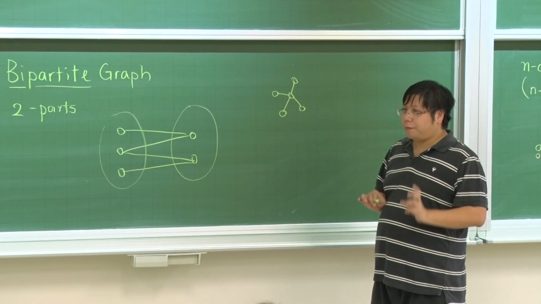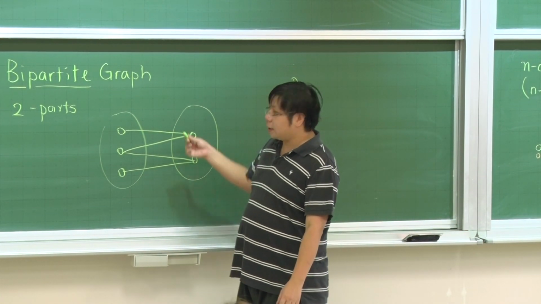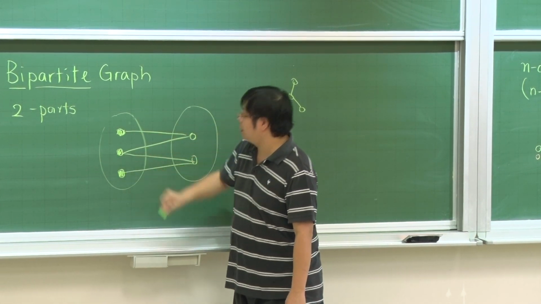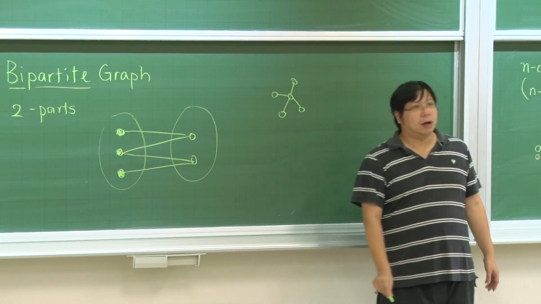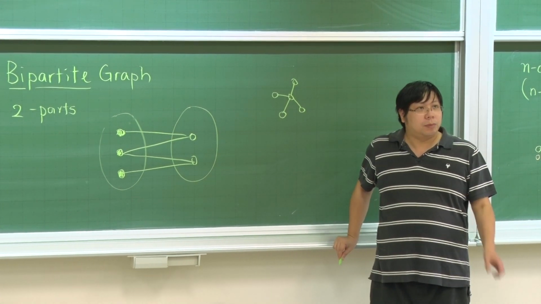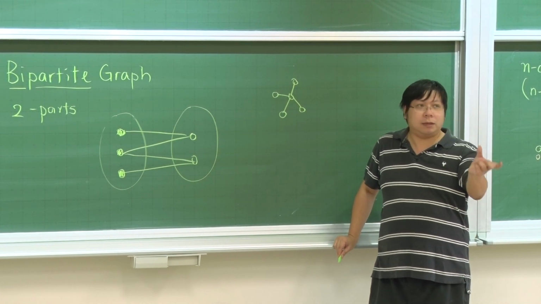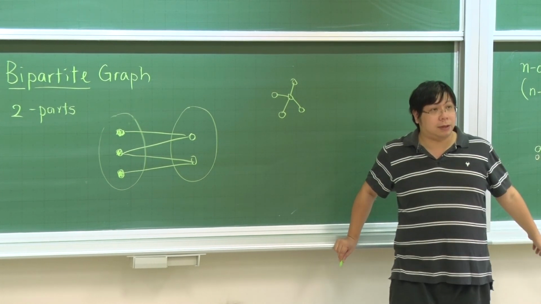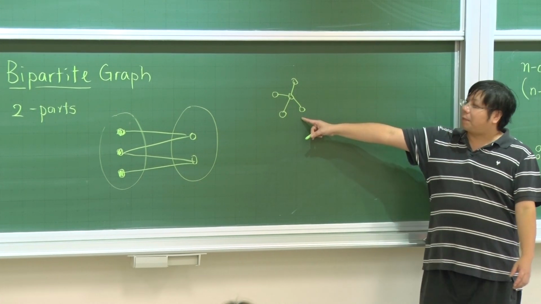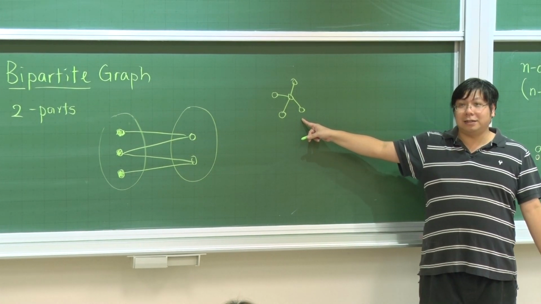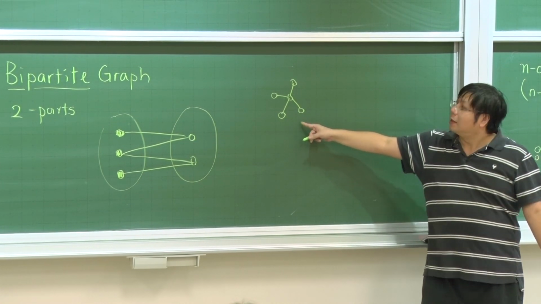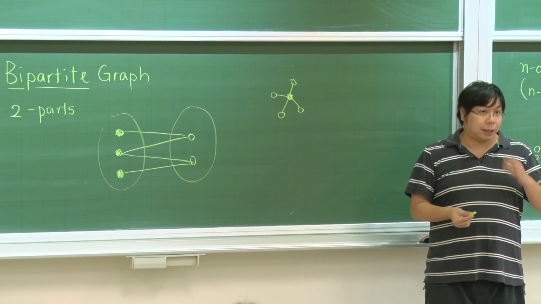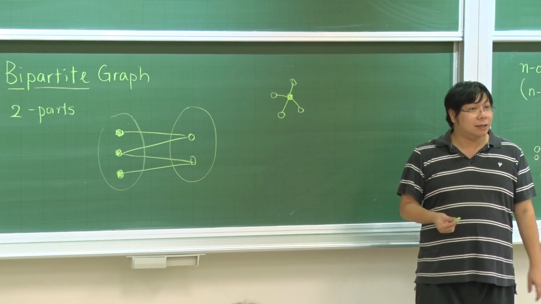If a graph is bipartite, we can color the vertices into two colors, let's say black and white, such that all the edges must have one end black and the other end white. There is no white-white connection, there is no black-black connection. So is this a bipartite graph or not? Yes. Okay, so simply we color this as black and all the others are white, and this is a bipartite graph. Is that okay?